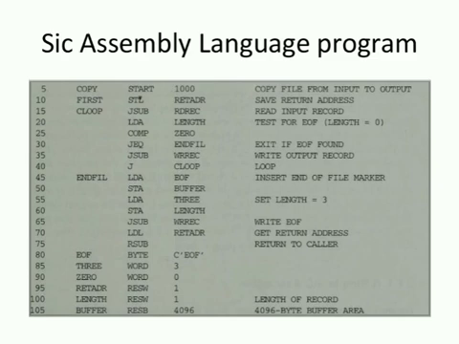So this program contains a main function that calls the subroutine RDREC to read a record into a buffer, you can see in line number 50, and subroutine WRREC to write a record from the buffer to the output device. That is the main function of this given program.